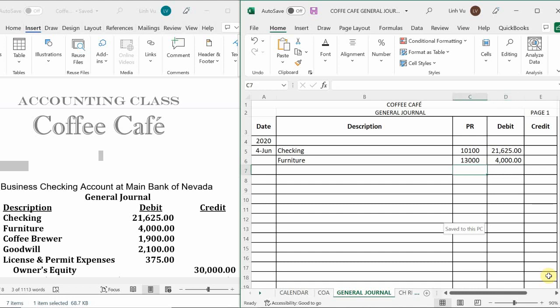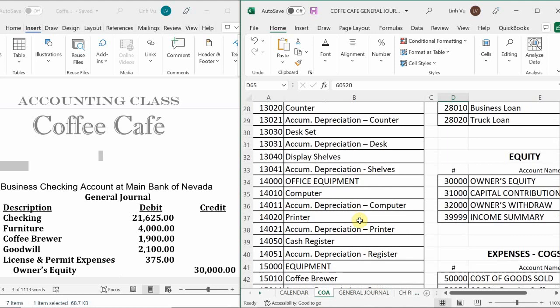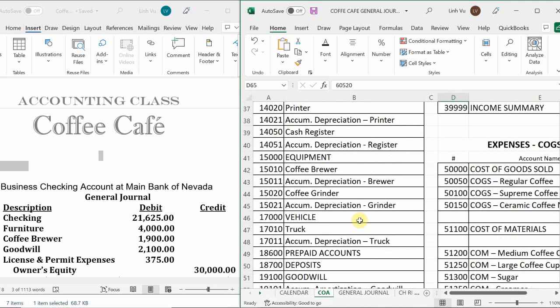Okay. I also bought a coffee brewer, right? Which was account number 15010.